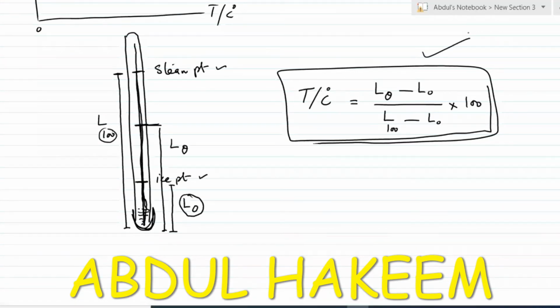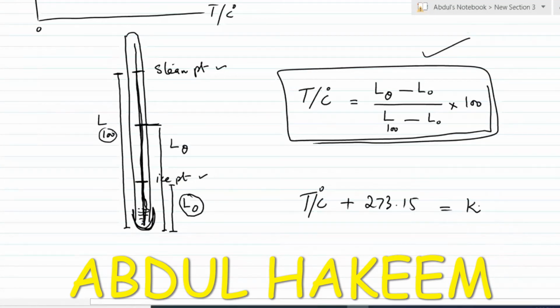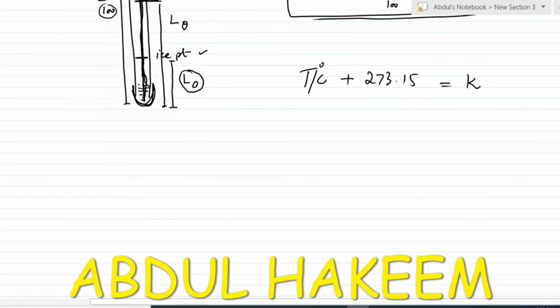Now, the next, temperature in Kelvin. It is the temperature in degrees Celsius plus 273.15 equals Kelvin. So when 273.15 is added to the degrees Celsius, it is converted into the thermodynamic temperature scale, Kelvin, or we can use the empirical formula for the thermodynamic scale.